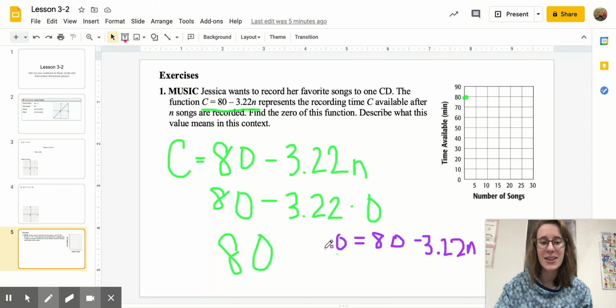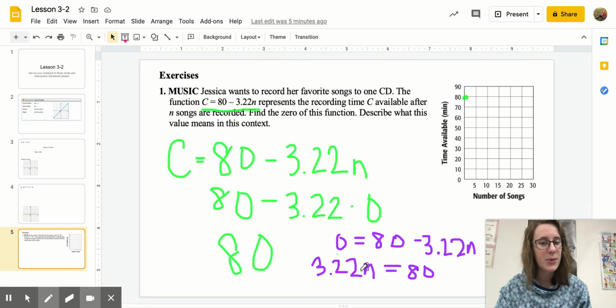You could add 3.22n to both sides. I'm not going to write it out only because I do not have room, but you'll say plus 3.22n on both sides, and then you get 3.22n equals 80. 3.22n is like 3.22 times n. I'm going to use my calculator to calculate that out because I can definitely not do that in my head.